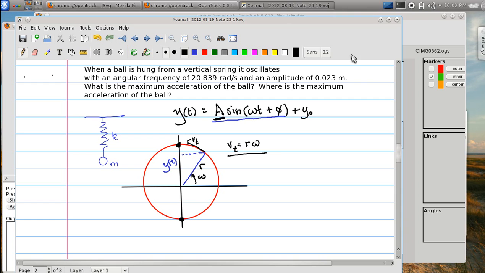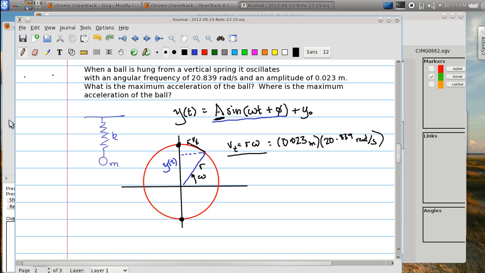Let's see if that makes sense. We say the angular frequency is 20.839 and the amplitude is 0.023. Let's make a calculation: 0.023 meters multiplied by 20.839 radians per second.